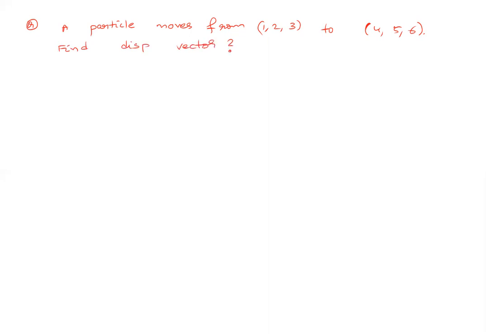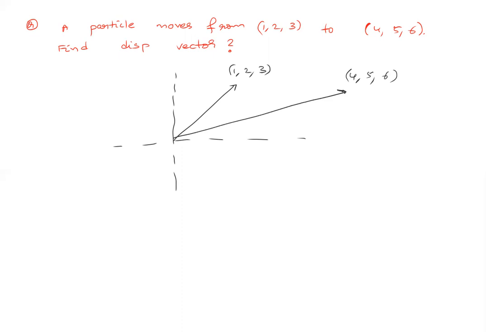Now if I draw the axis here, if this is 1 comma 2 comma 3, and let us say the body has gone to 4 comma 5 comma 6, this is your r2, this is your r1, and this is your displacement delta r bar. From triangle law, delta r bar plus r1 bar is r2 bar, so delta r bar is r2 bar minus r1 bar.